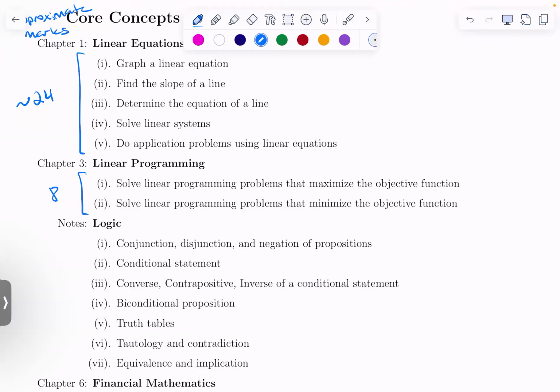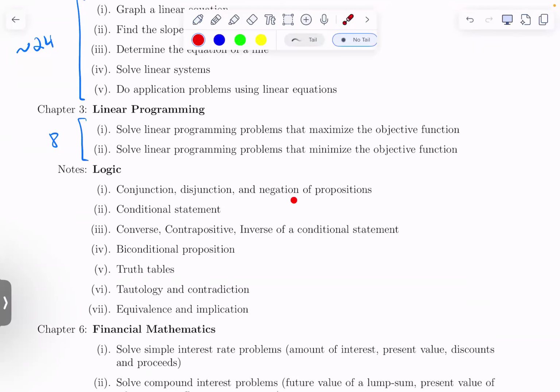Then we did logic, which is not in the textbook, but it is in the notes. We talked about the conjunction, the disjunction, and the negation of propositions. We talked about conditional statements: the converse, the contrapositive, and the inverse of a conditional statement. Now, these are on your formula sheet, right?